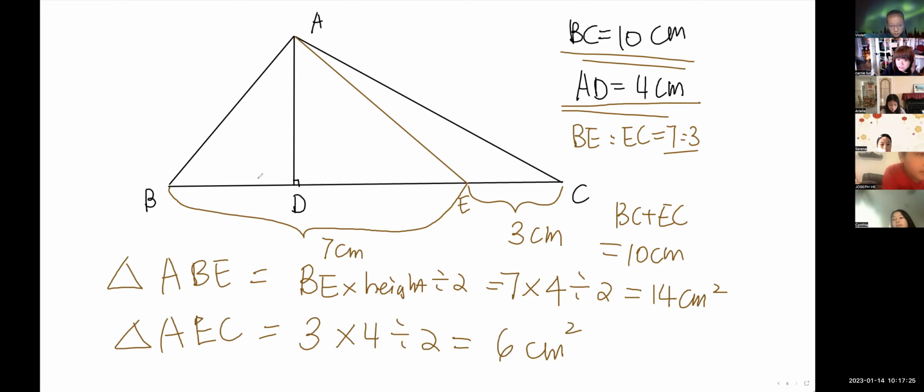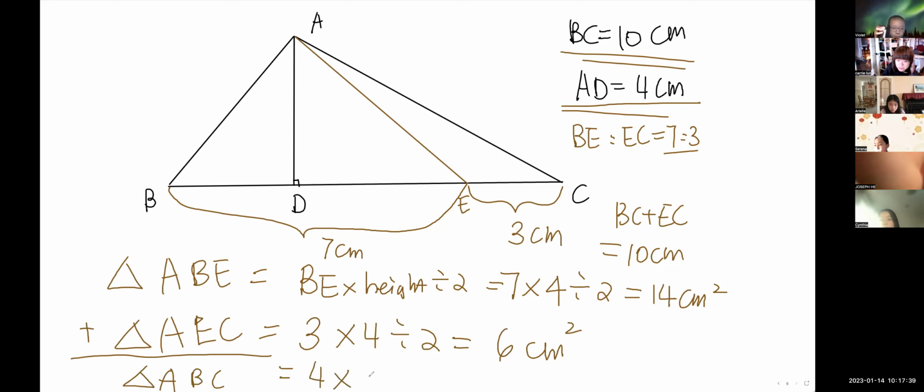And I can check my answer because the whole bigger triangle ABC equals ABE plus AEC. ABC is 4 times 10 divided by 2 equals 20 centimeters squared. Correct, everybody? So I got them right, because 14 plus 6 equals 20.